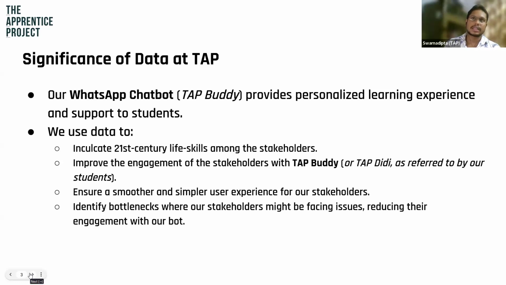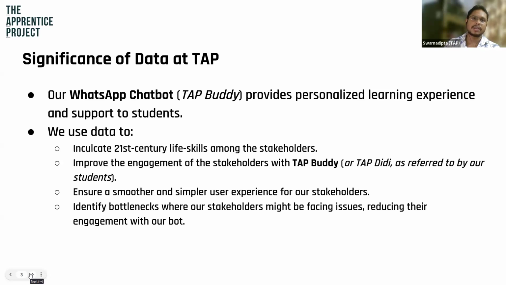So you can understand how important the data is here, to be able to assess whether the student has progressed, and how much progress the student has experienced. It's imperative that we capture the data in a way that is organized, uniform, and easier to gain insights from. Moving on, we have another reason, which is to ensure a smoother and simpler UX for our stakeholders, basically the students.